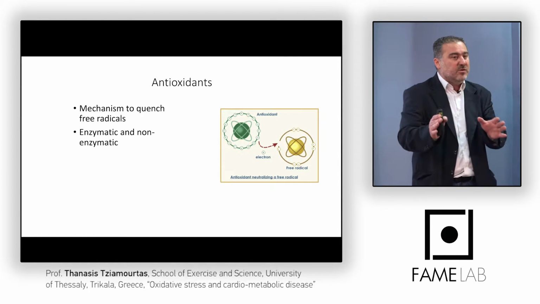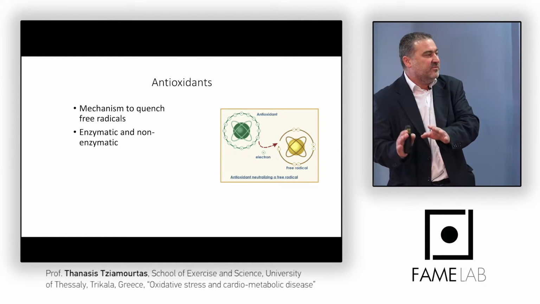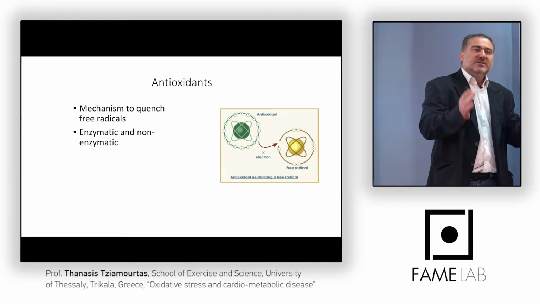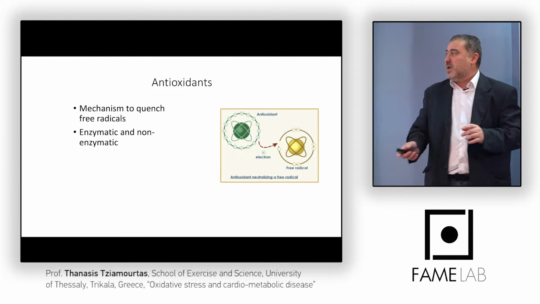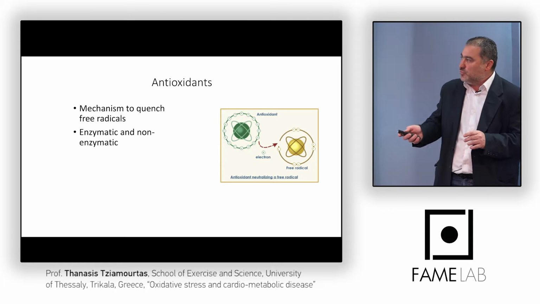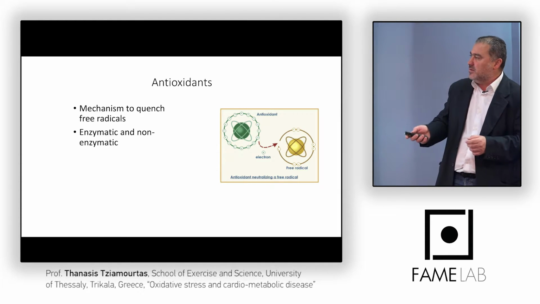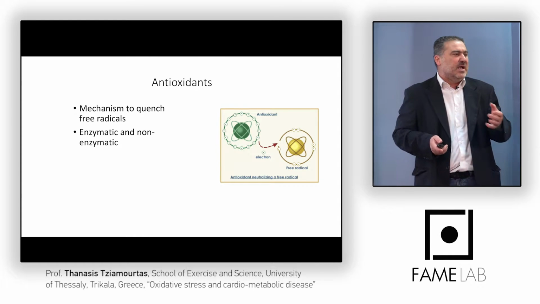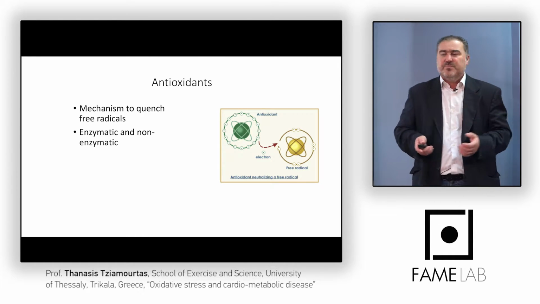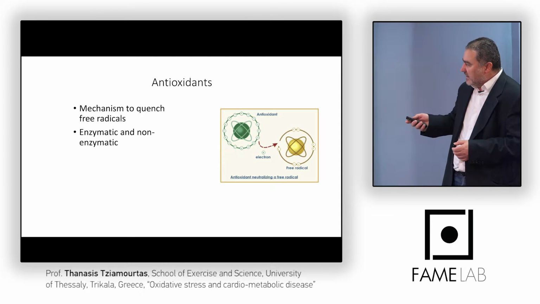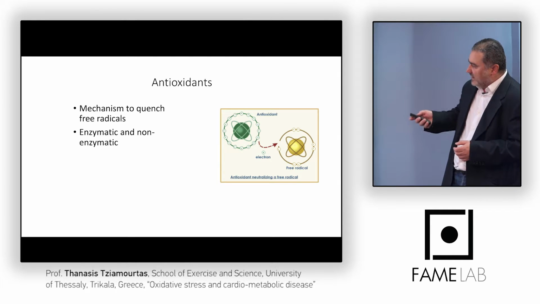In order to quench those free radicals, as I said previously, there is a system that is called the antioxidant system. This is a mechanism to quench free radicals, and it has two parts, the enzymatic and the non-enzymatic. And what does an antioxidant do? It can donate an electron, and we see here a free radical.